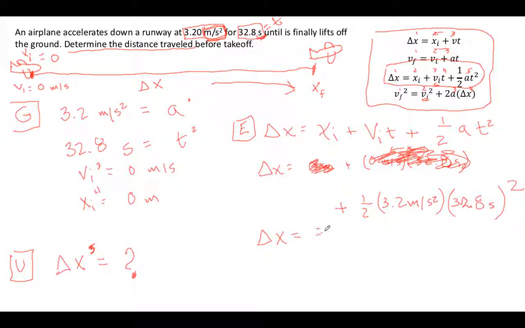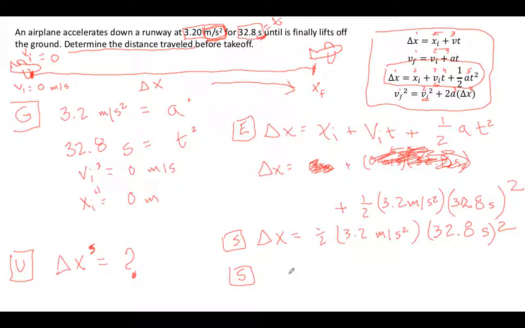And we have 1/2 times 3.2 meters per second squared times 32.8 seconds. Then square that. So I'm going to work that out on my calculator to get my solution.